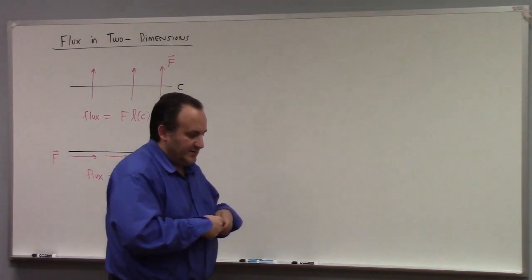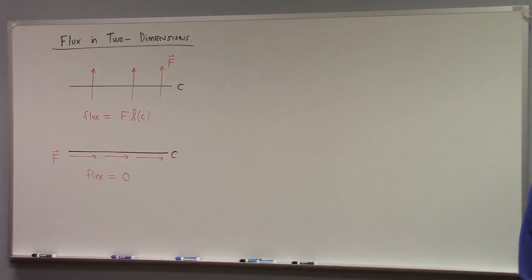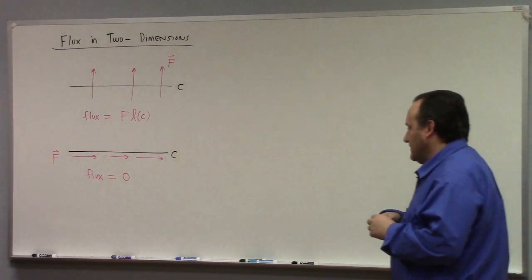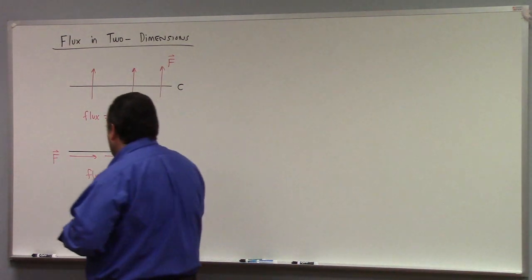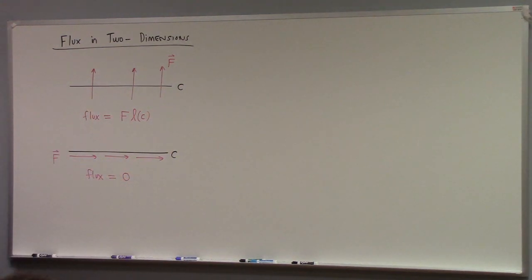So another way to say this is the flux through a given curve is counting the number of field lines that go through. It's counting the number of integral curves of the vector field which go through. And they're only really counting in as much as they are cutting through the curve. So we're getting flux from a vector field.